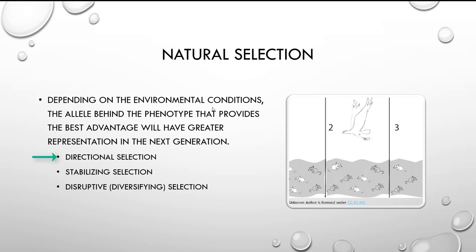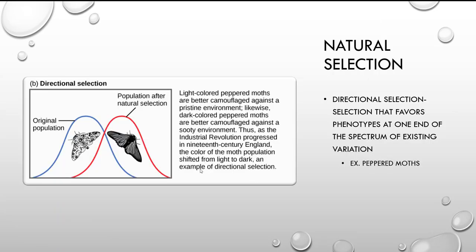So directional selection, stabilizing selection, and disruptive, or sometimes you'll see it called diversifying selection. The first one, directional selection. We've seen this example already in your textbook, but we didn't define it as a form of directional selection. In directional selection, it favors the phenotypes at one end of the spectrum of existing variation.